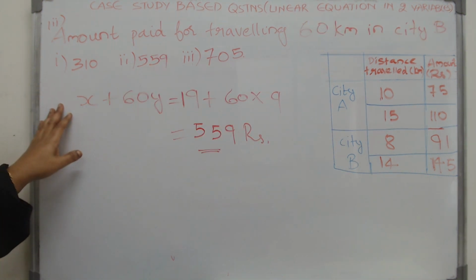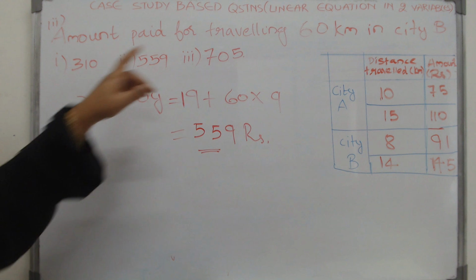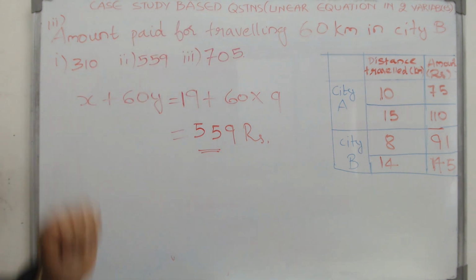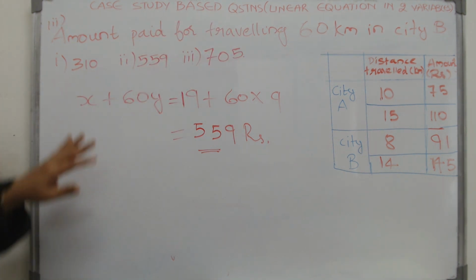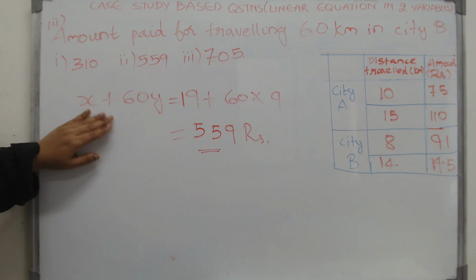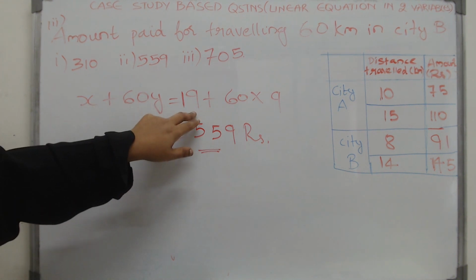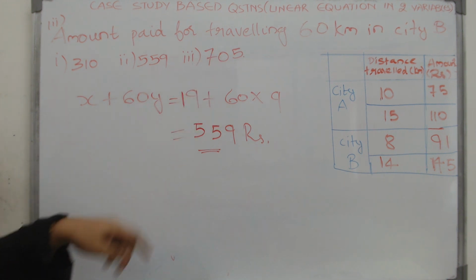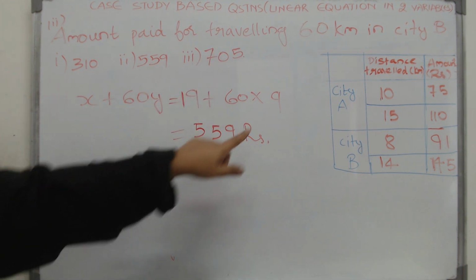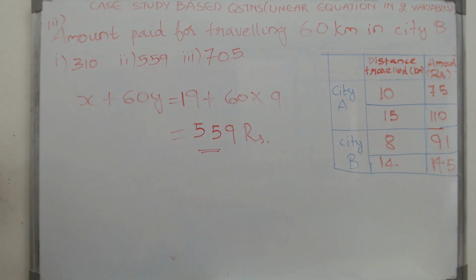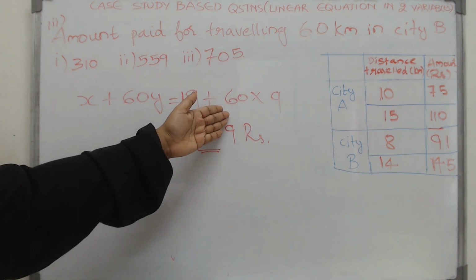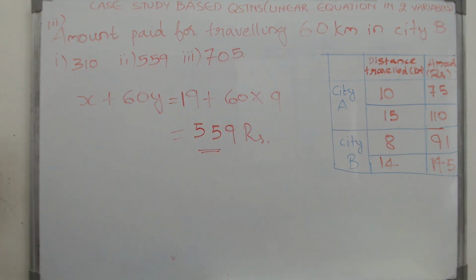Now next is to find out how much a person traveling 60 kilometers in city B pays. The starting charge, the fixed charge, is always x, which we found out was 19 for city B. Then the running charge was 9 per kilometer. So for 60 kilometers, this is how much the person will pay.